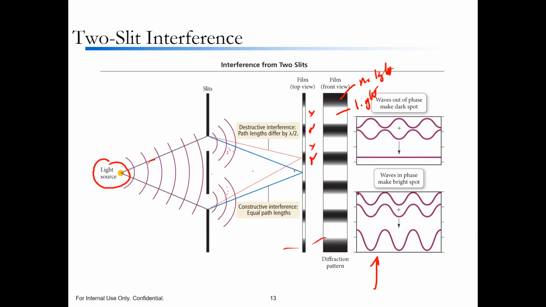So suppose this light is from this hole, and this light is from the bottom hole. When these two lights come together, they could add constructively, making a bigger wave with the same wavelength. Or they could add destructively. So this light might be from this hole, this light might be from the bottom hole.